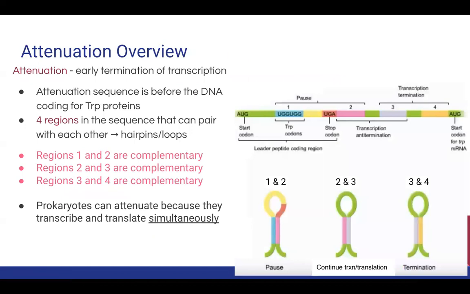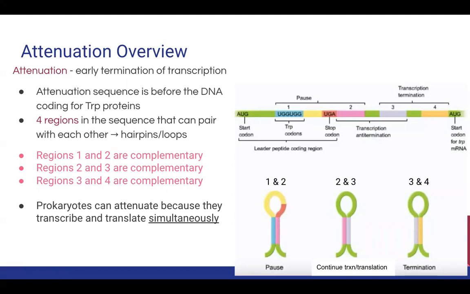So now we'll go over attenuation, which is a regulatory system used when there is a medium-ish amount of tryptophan in the cell. Attenuation is the early termination of transcription, which means that it can stop the transcription of the rest of the structural genes in the operon for tryptophan.